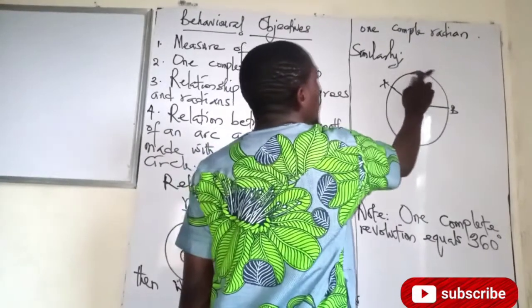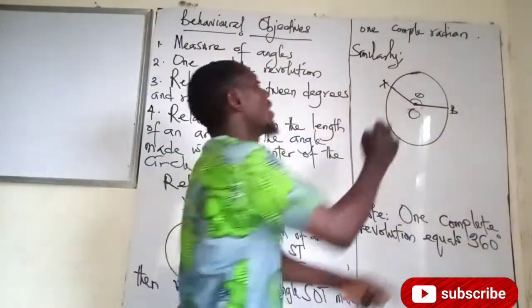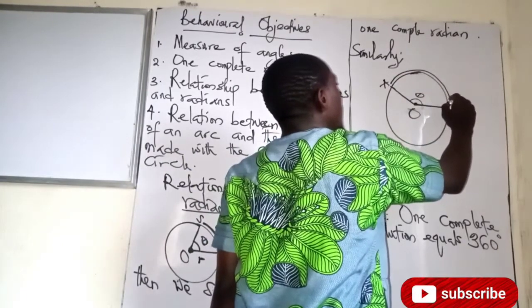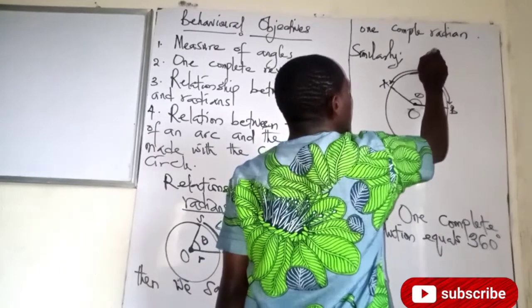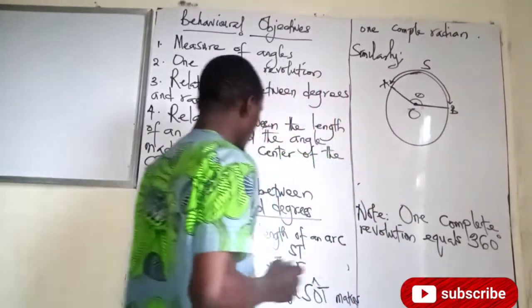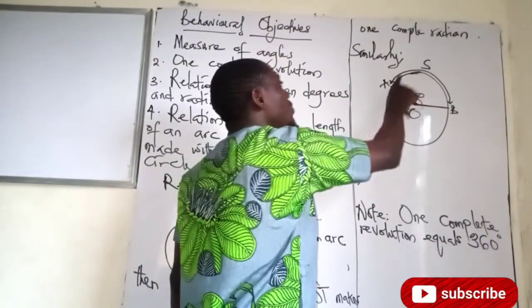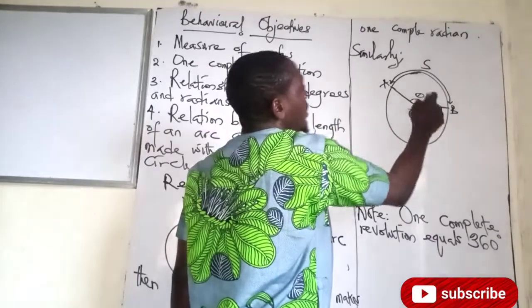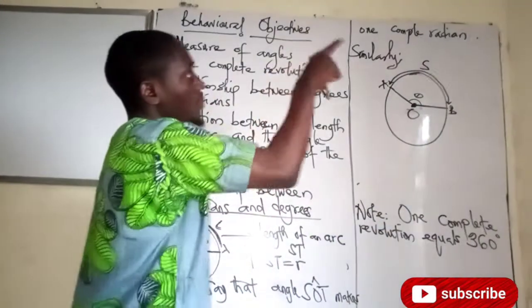Of course, you can see that this length of arc, let's say the length of an arc is S, for instance, as we labeled it L here. You can see that the length of an arc here is greater than the radius of the circle, unlike this that we said made one complete radian.